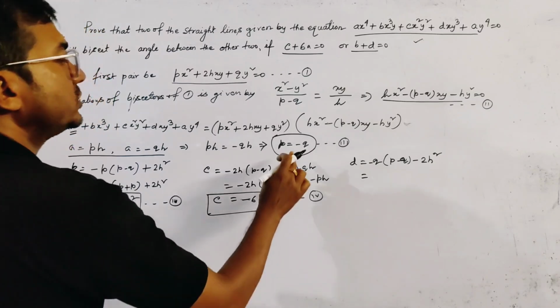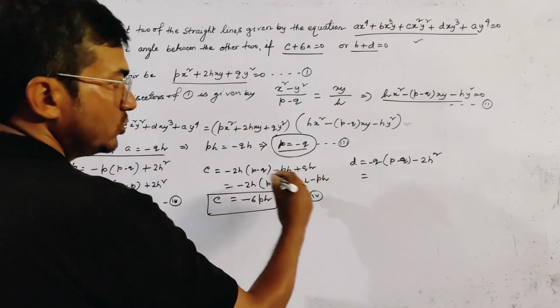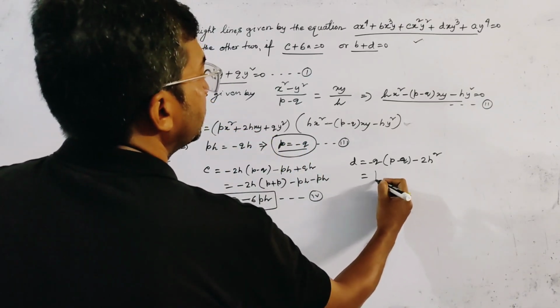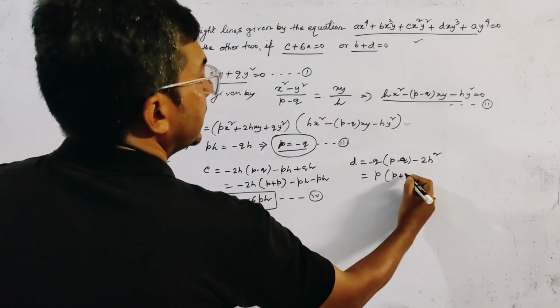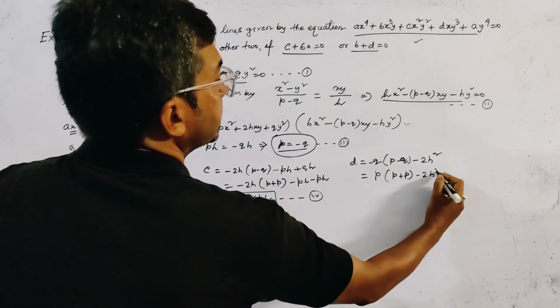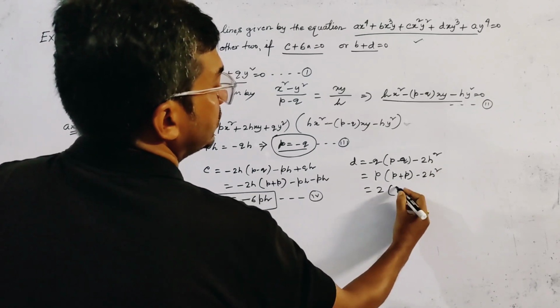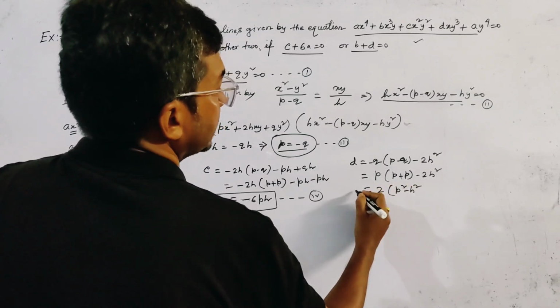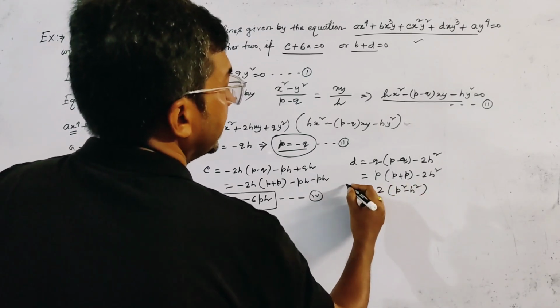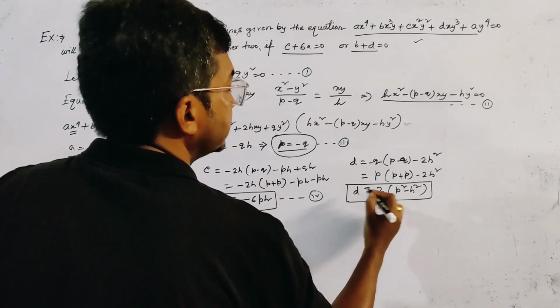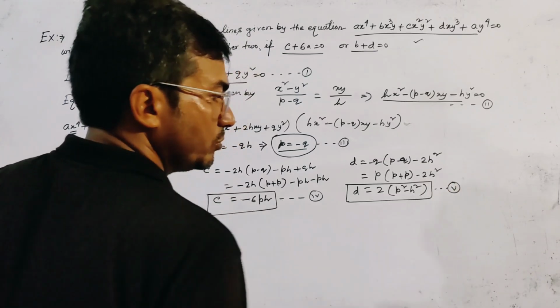So we put the value again, -q = p, getting p(p + p) - 2h^2. So we get 2(p^2 - h^2). This is given by d, and we name this relation as relation number 6.